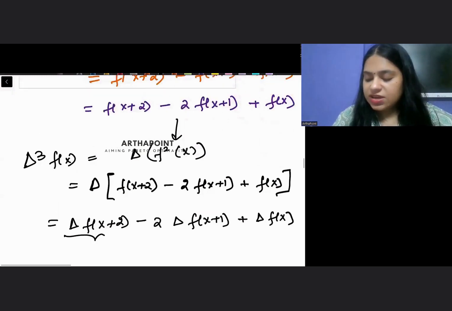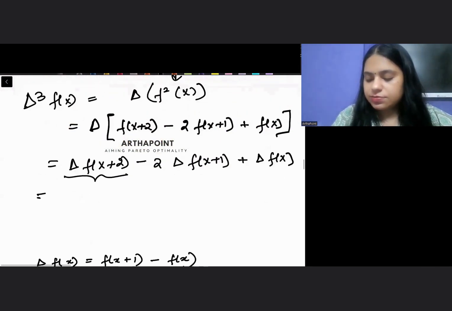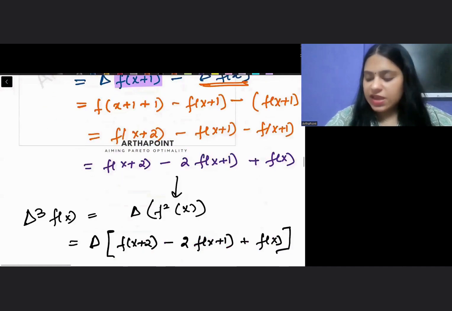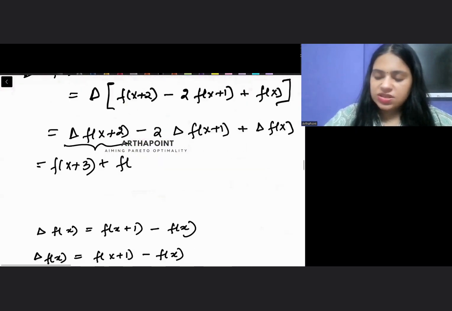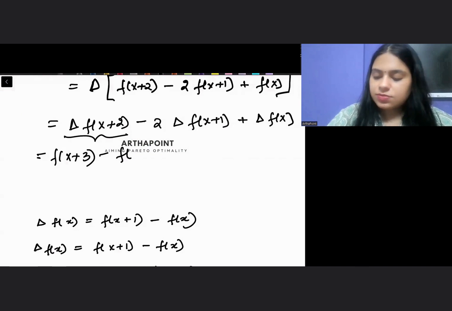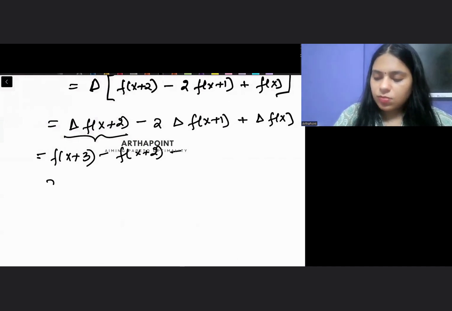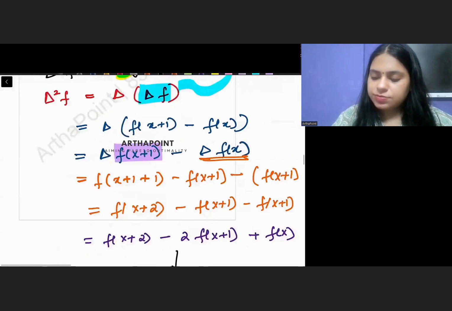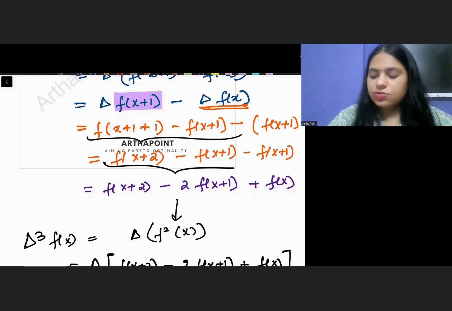So if I have to find the second derivative, here x will be replaced with x plus 2. So I will get x plus 2 plus 1, x plus 3. And here, instead of x, I will put x plus 2. There's the negative sign. And then I will put this value. I've already found out this value here. This value.